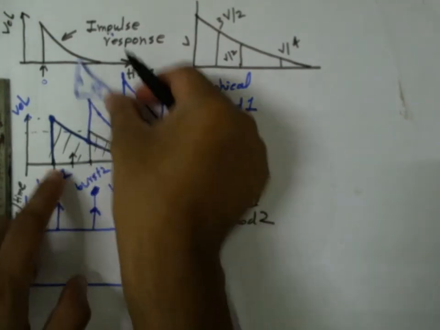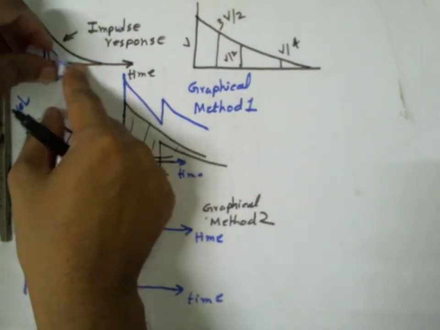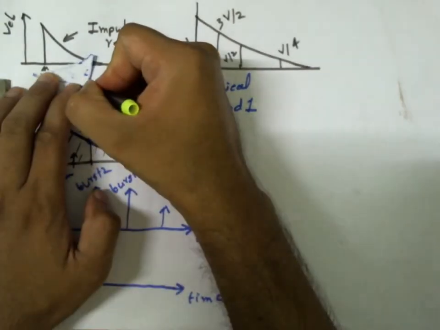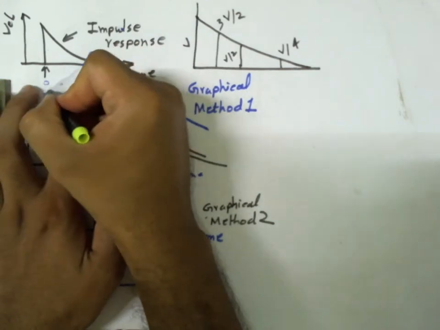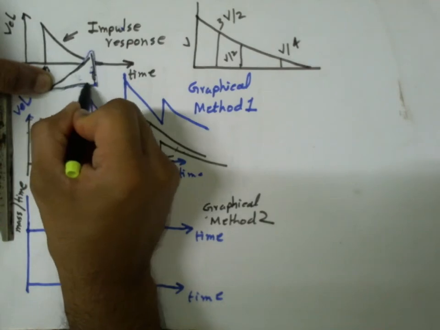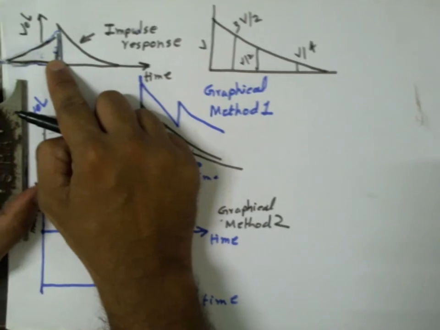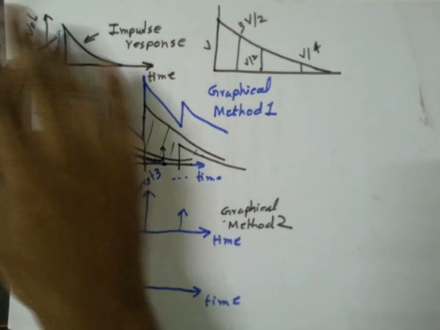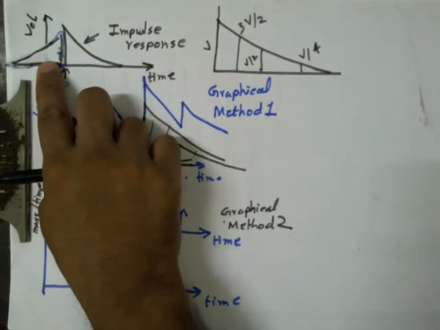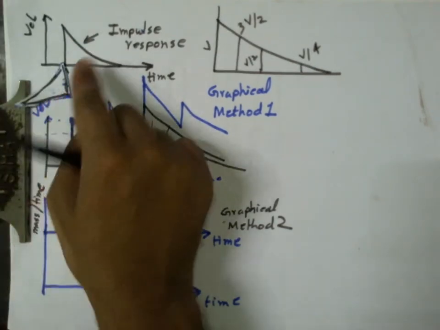For that I have to flip or reverse this curve like this. Okay, so this is the horizontally flipped impulse response. It's just flipped or reflected across the y-axis. This is the flipped impulse response.